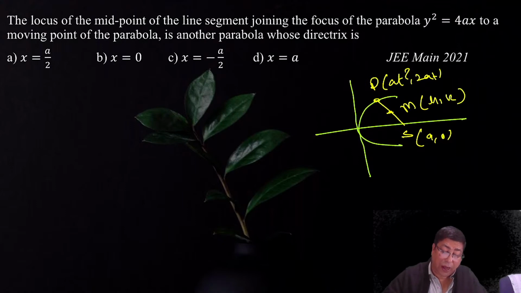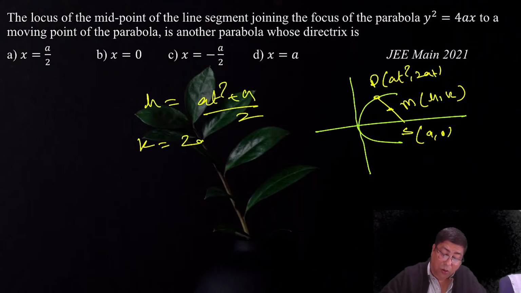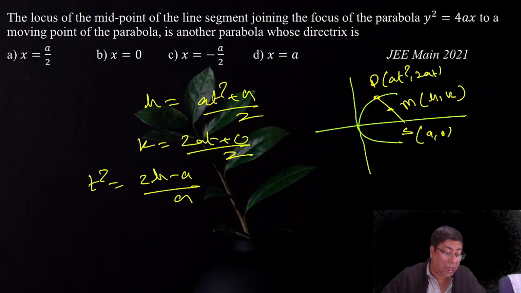So we can write h equal to (at square plus a) by 2 and k equal to (2at plus 0) by 2. Therefore, t square equal to (2h minus a) by a and t equal to k by a.